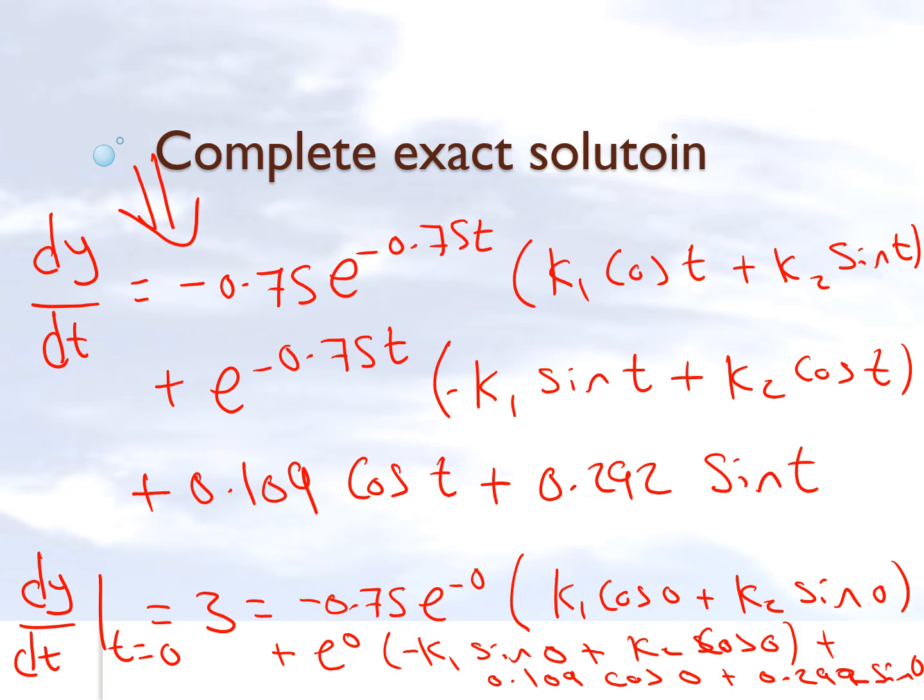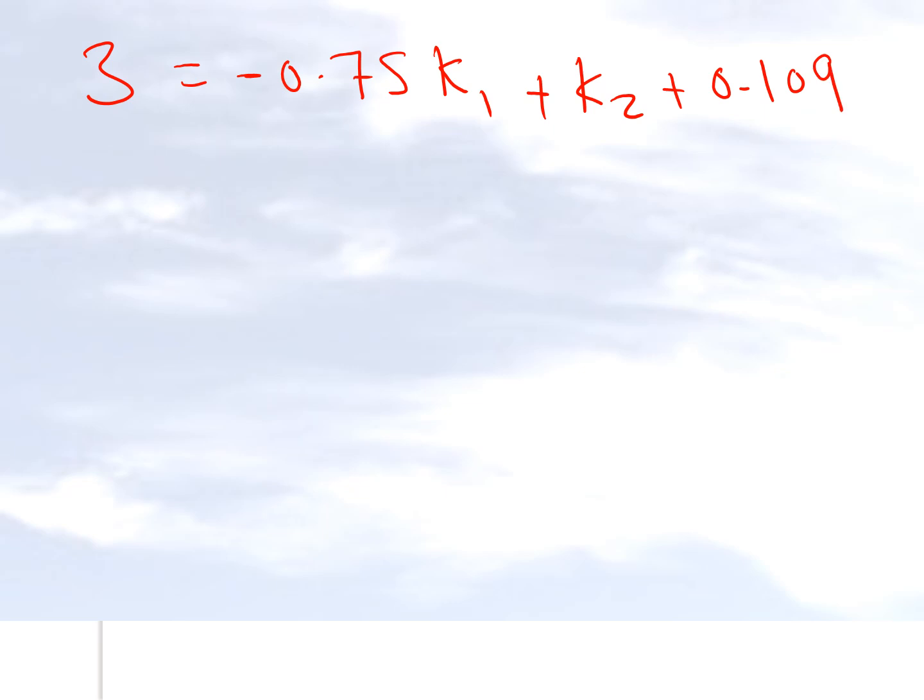So now this is an equation. We have the values of the sines and cosines. We already solved for k1 in the previous step, so the only unknown in this equation is k2. So let's just clean up this equation. It will give us 3 on the left hand side, and from our expression we have minus 0.75 k1 plus k2 plus 0.109.